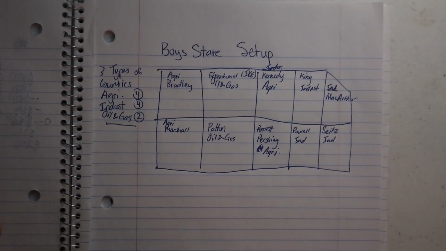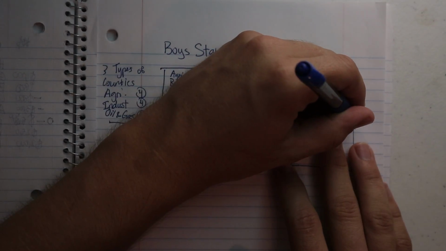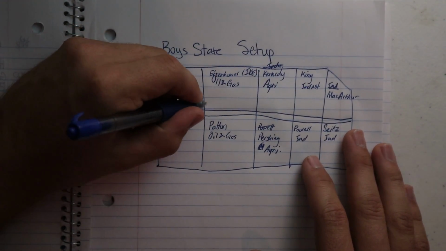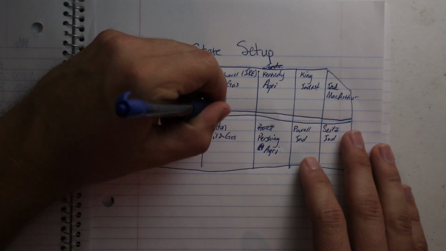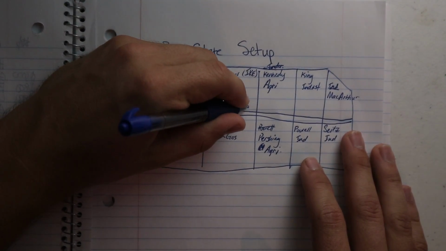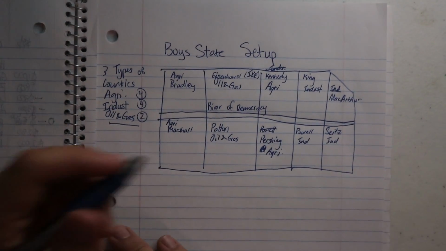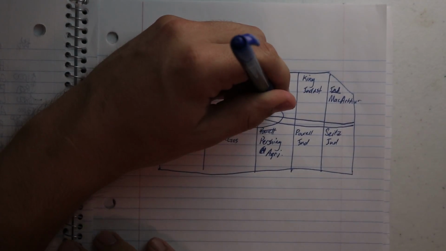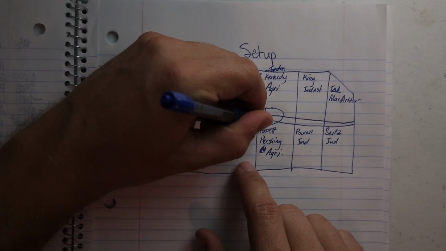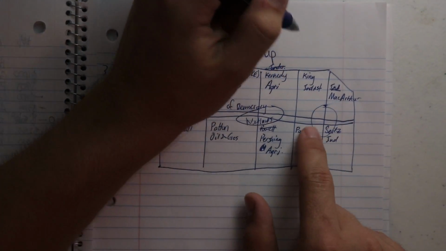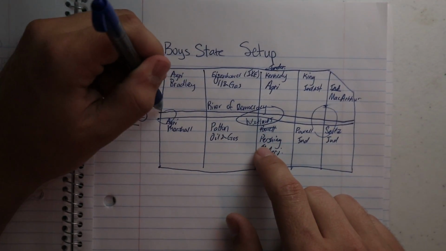So those are the counties, and there are some other things to note about the map portion of Boise State. You have the River of Democracy that flows down the middle of Boise State. There were also some wetlands here. Over here was iron and coal ore. There were more wetlands up here.